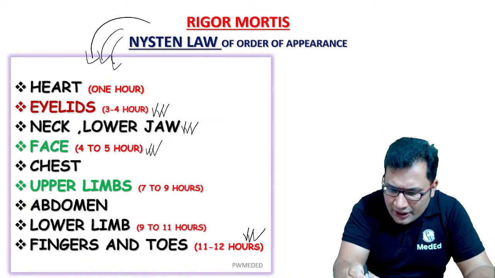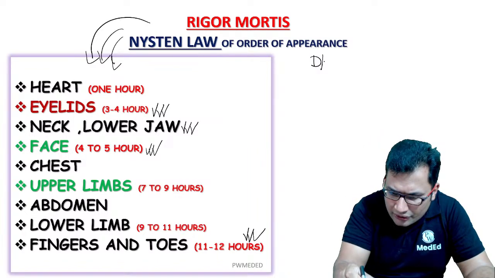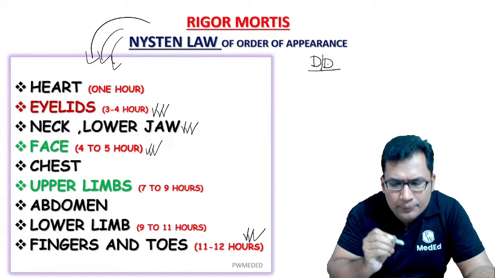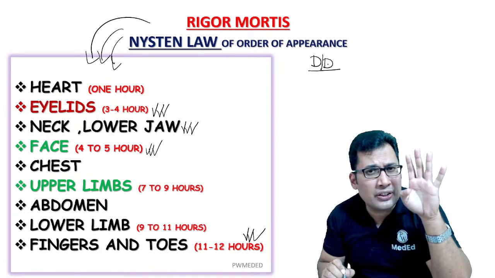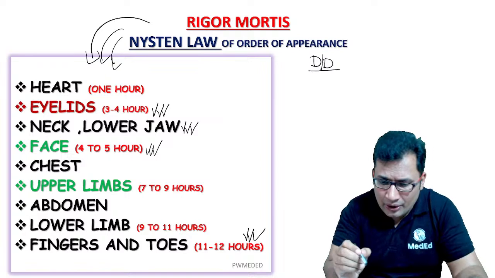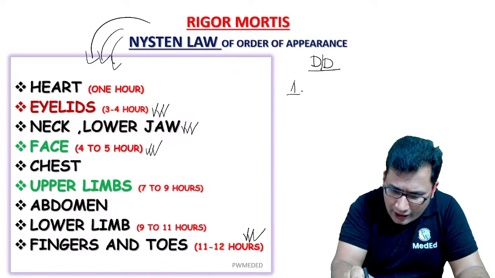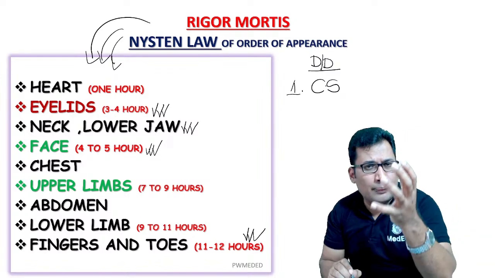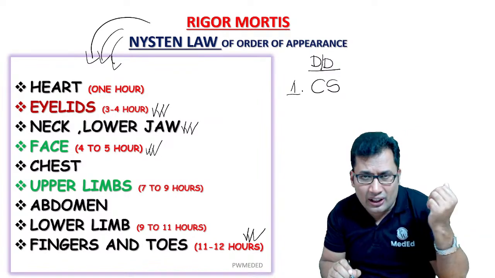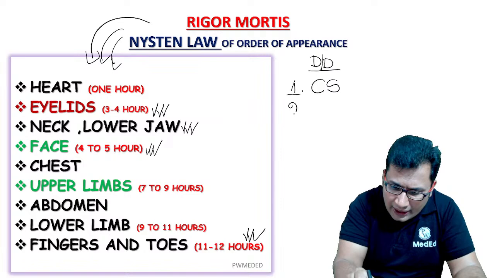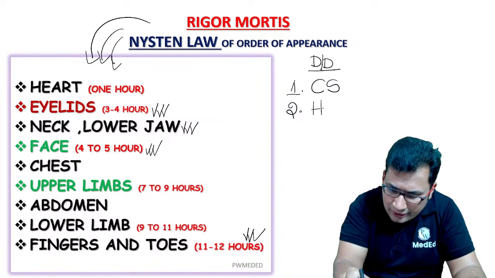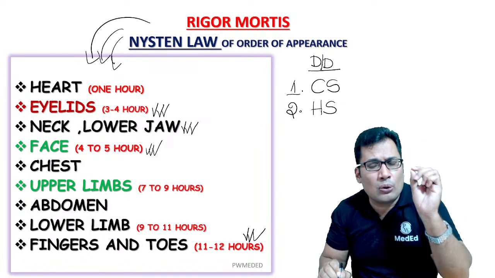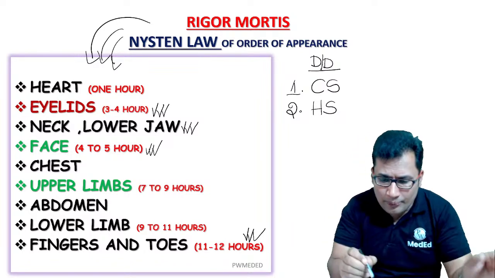Now what is the differential diagnosis of rigor mortis? Very commonly asked. There are 4 differential diagnoses of rigor mortis. One is cadaveric spasm, CS, cataleptic rigidity, that we discussed already in the beginning. Second, heat stiffening, HS, also known as pugilistic attitude.